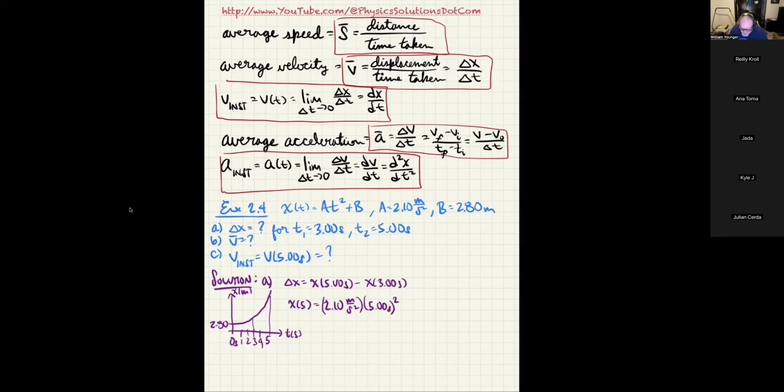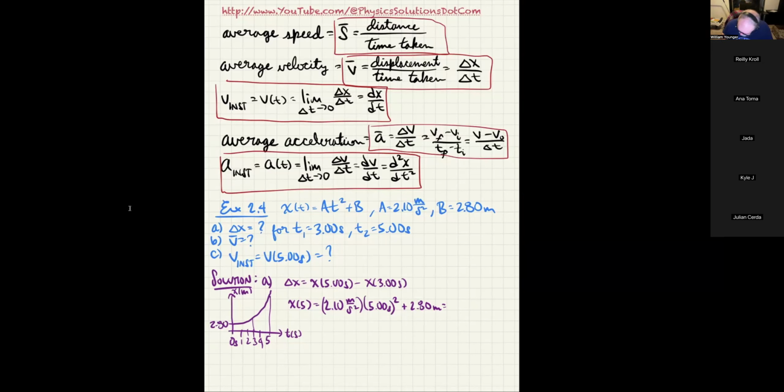You can see that when you multiply that, that's just going to give you meters. And then you're also going to add 2.80 meters. If you square 5, that becomes 25. 25 times 2 is 50. And then 50 times 0.1 is 5, and 0.1 times 5 would be 1/2, so this is like 20.5, 20 points.